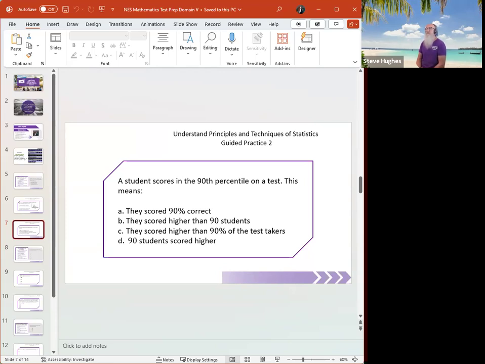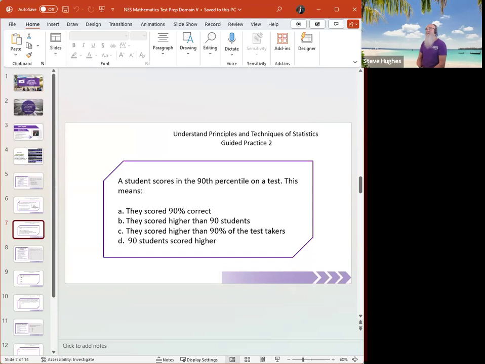Percentile equals percentage of people. So when they tell me that the student scores in the 90th percentile, that means they scored higher than 90% of the people. So that would be C, that is correct.